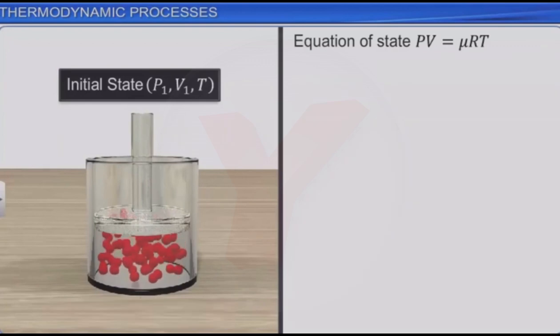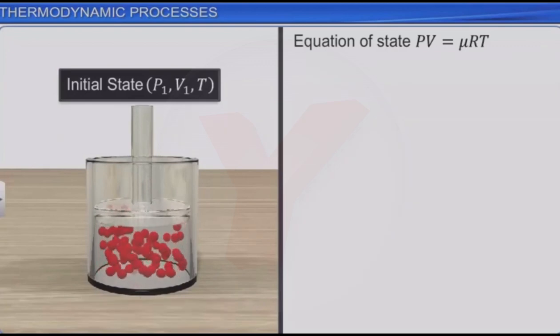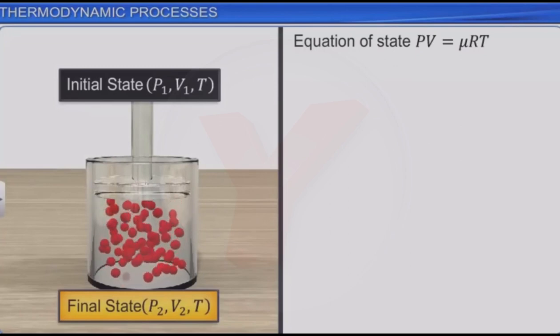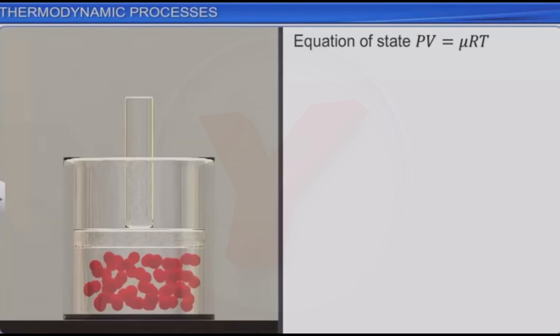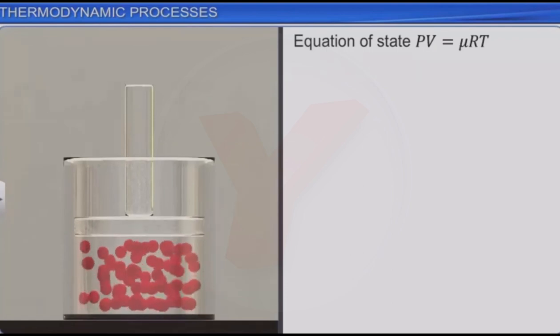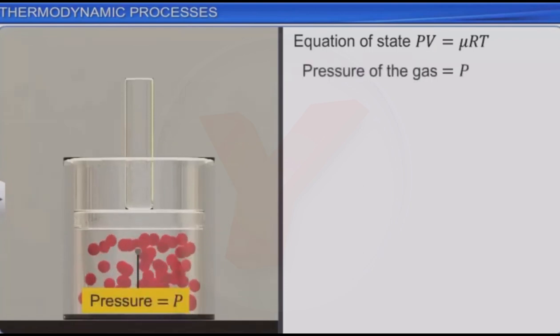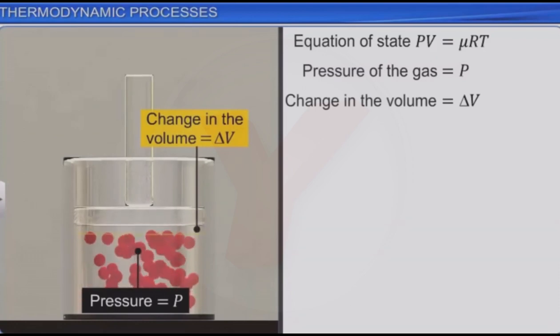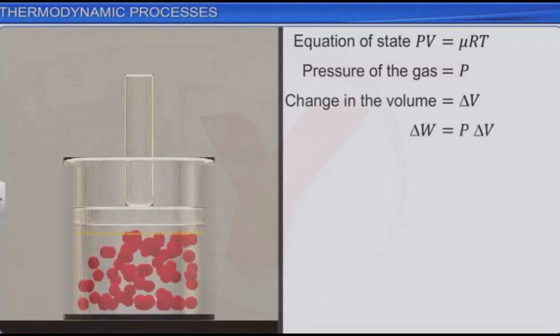Assume that the gas is isothermally taken to a final state P2, V2, T by expanding the gas. At an intermediate state, if the pressure of the gas is P and the change in its volume is delta V, then the work done by the gas during this process, delta W, is equal to P delta V.